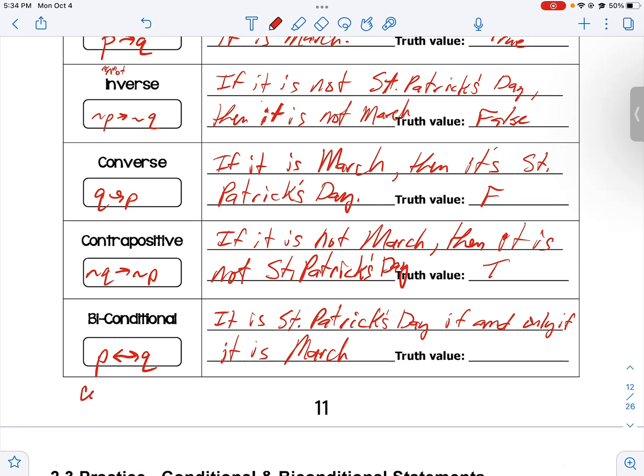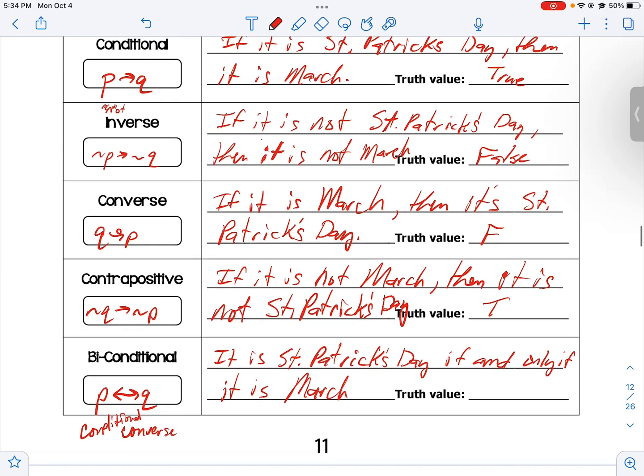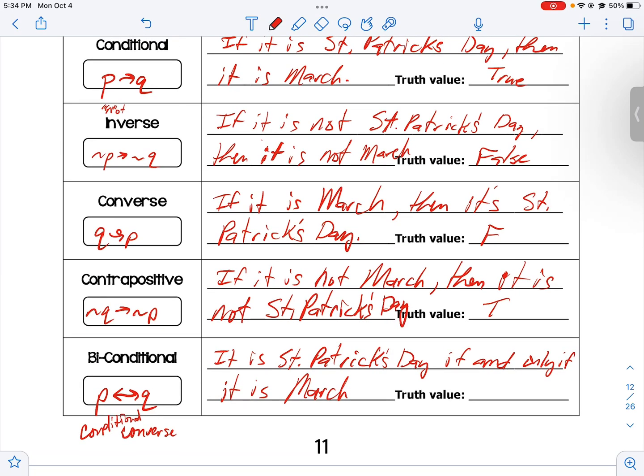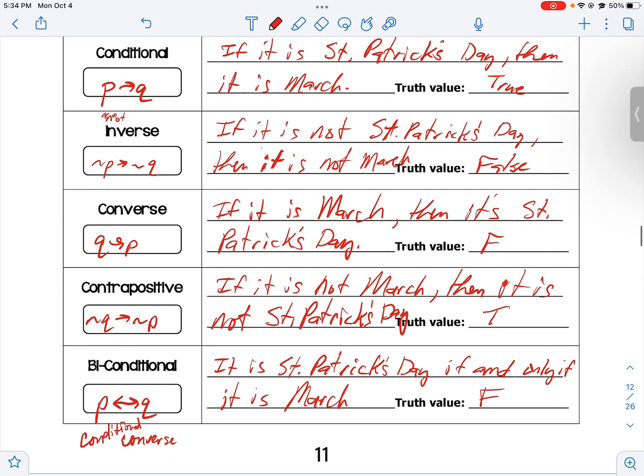Well, remember, when this is the thing, both the conditional and the converse have to be true. If we look back up here, we said the conditional was, but the converse was not, which means it is not a true biconditional statement. It is not a good if and only if. It is a false one.